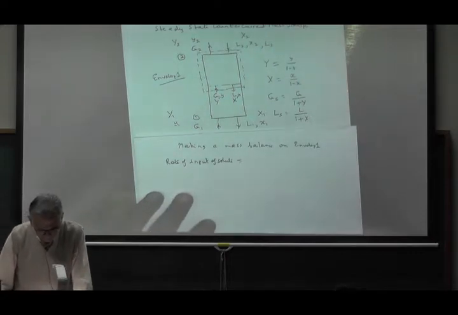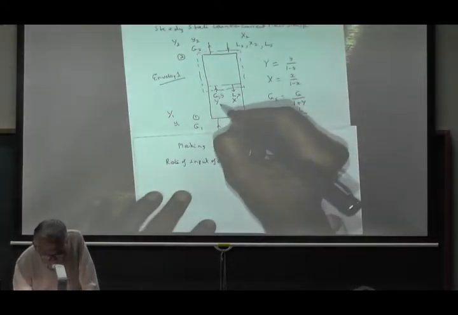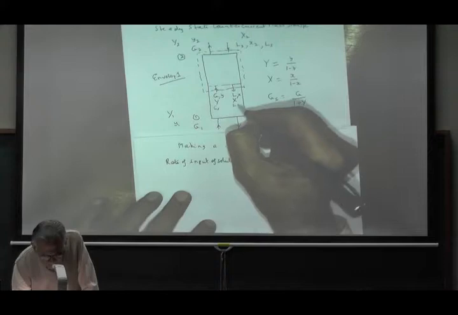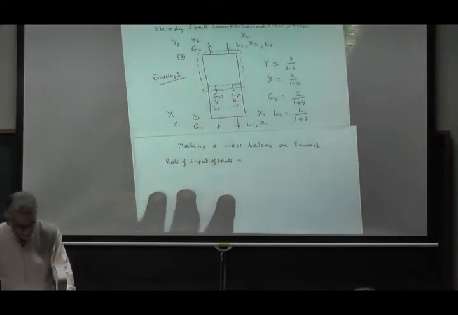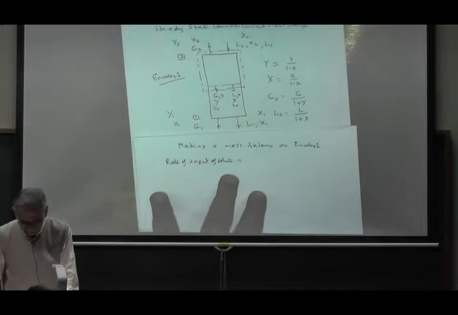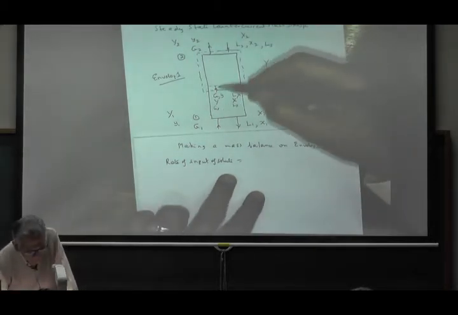No. Work in terms of GS. So this is GS here and LS here. So in terms of GS and LS, what is the rate of input of solute? How much of solute is coming in here?